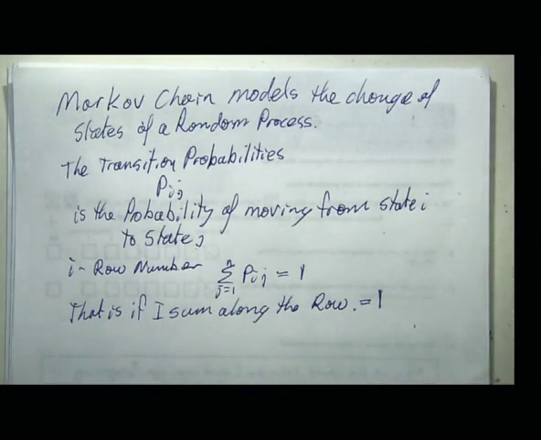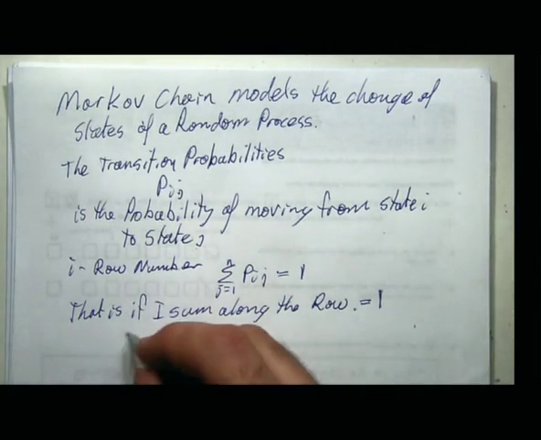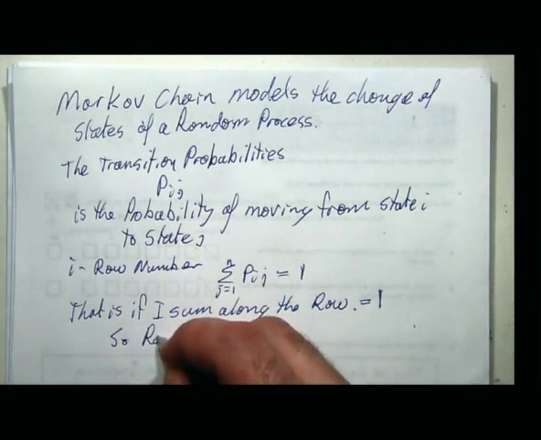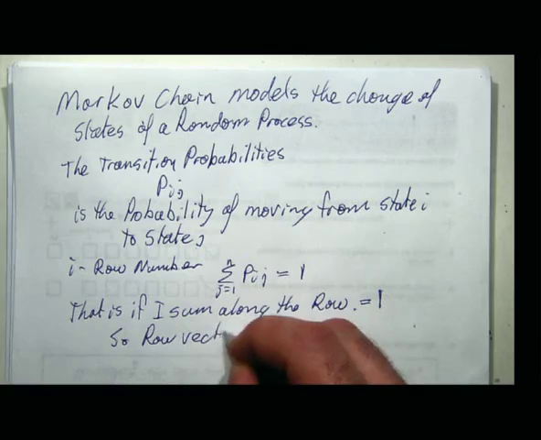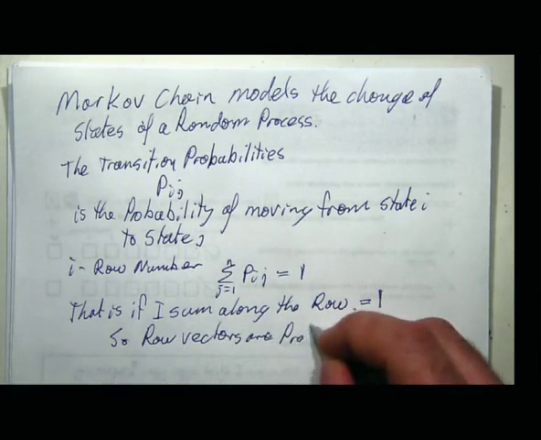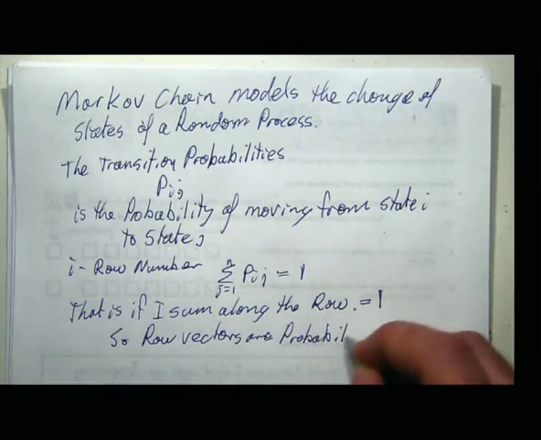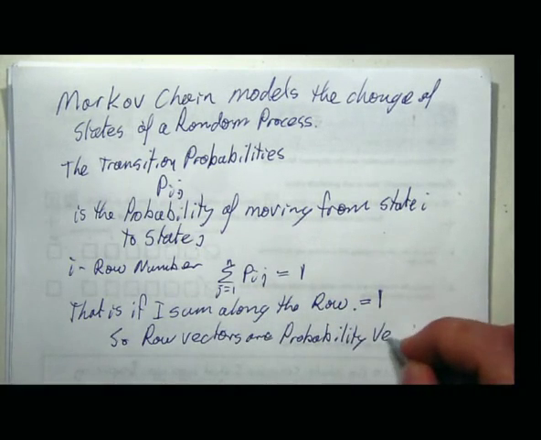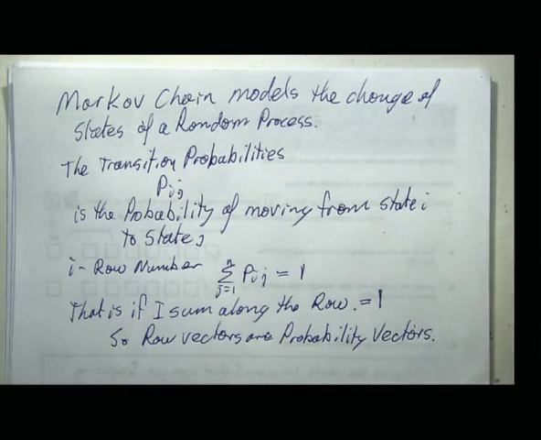This makes the row vectors probability vectors.